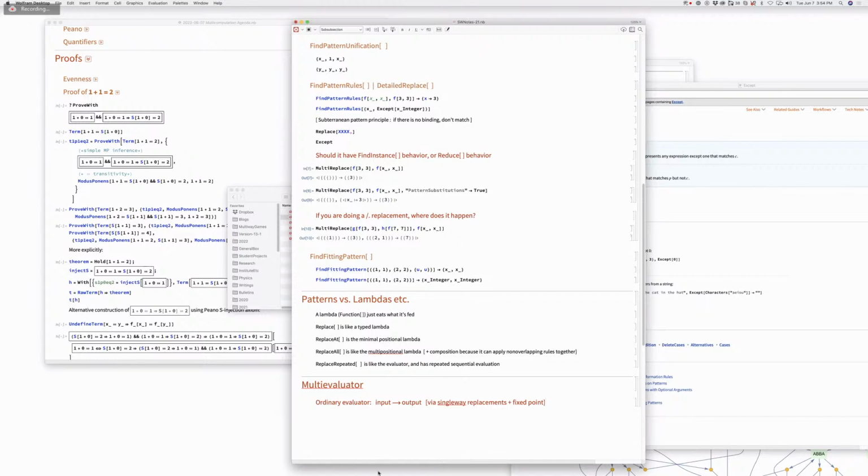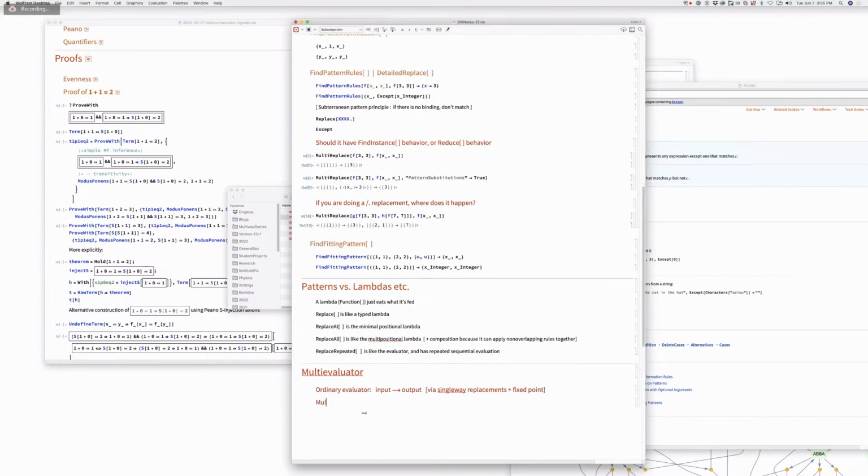Okay, so the multi-evaluator, as we've said many times here, I mean, we want something like multi-evaluate, and then it has a criterion. We've talked about this. Nick, I don't know, have you implemented some of this now? No. What I called multi-evaluate is just a multi-replace, but that acted on down values and up values because it evaluated those rules.